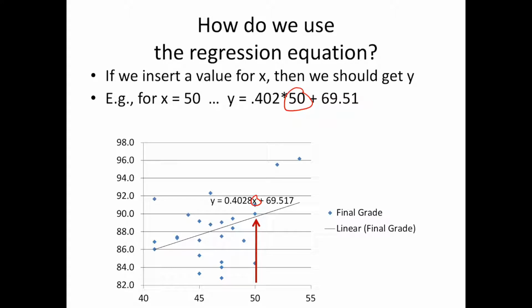So 0.40 or 0.402 times 50 plus 69.51, and what that'll give you is 89.61. In other words, if you scored a 50 at time 1, our best guess is that you would score about an 89.61 on your final grade. This is what the line of best fit does.